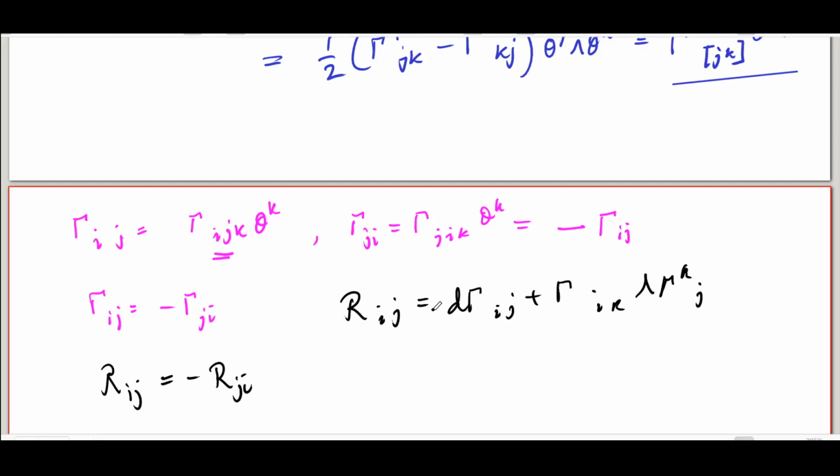The only thing that I need to worry about here, perhaps, when you go from the raised index version of the Cartan second structural equation to this version, is that you are actually doing a d here on g_il γ^l_j. Right? That is what γ_ij is.